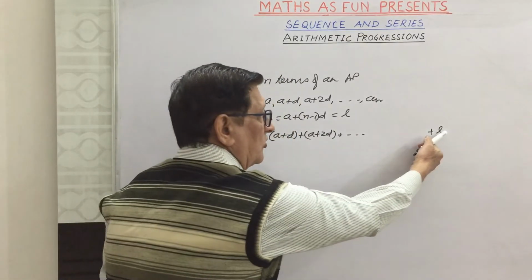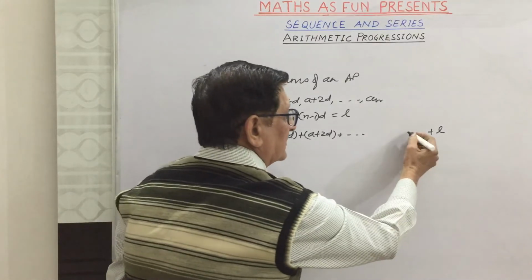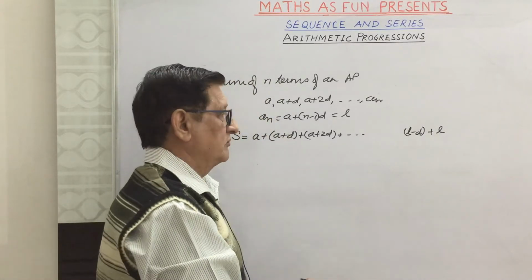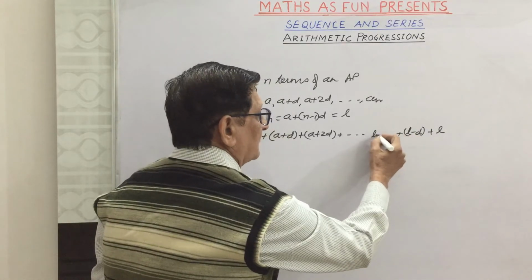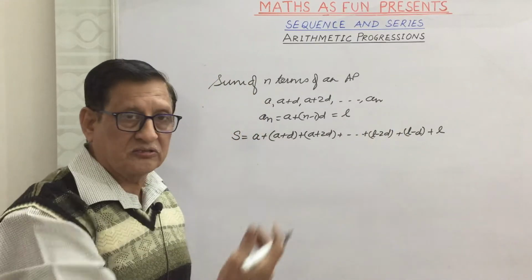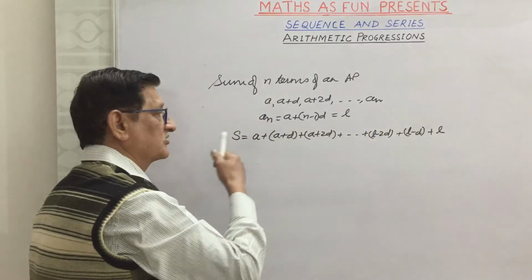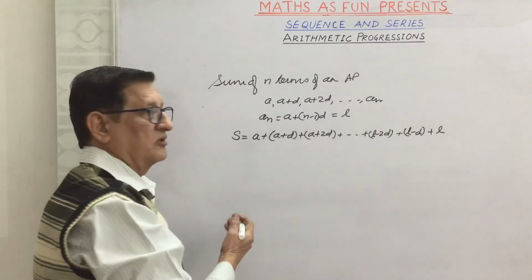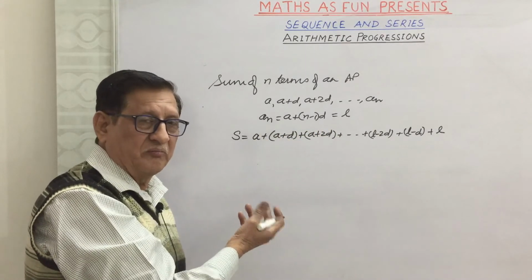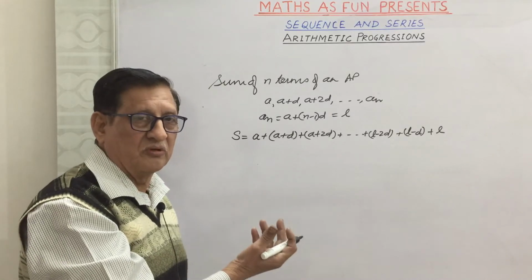But suppose we want to go from the last term in the reverse order, we will find that the second last term will be L minus D and the third last term will be L minus 2D. Like this we can write all the terms till last. If we write the sequence from the last term to the first term in reverse order, then also the sum of all these terms has to be the same, because even if the order is changed, the sum of the numbers will always be the same.